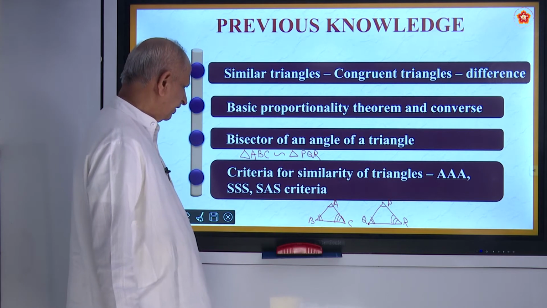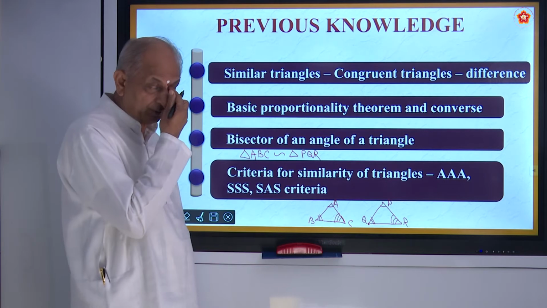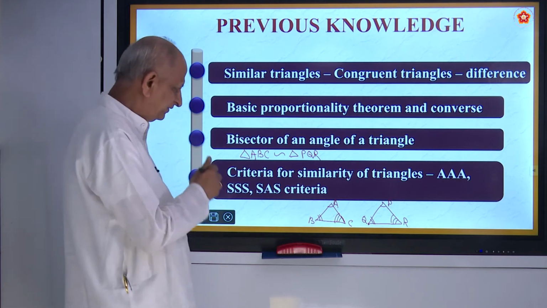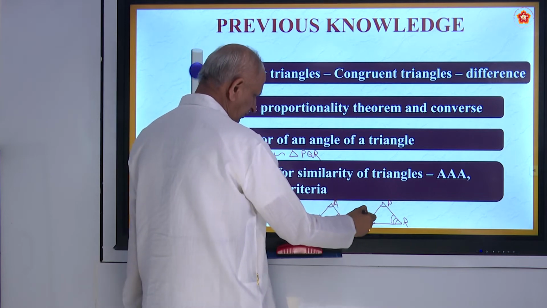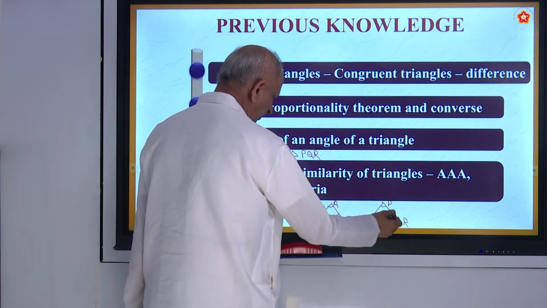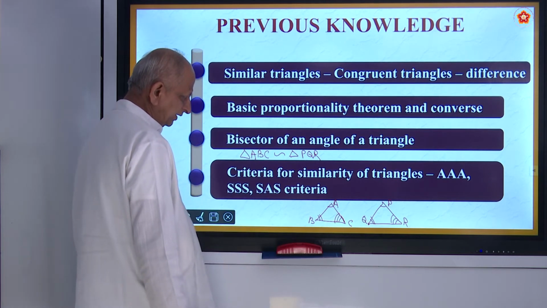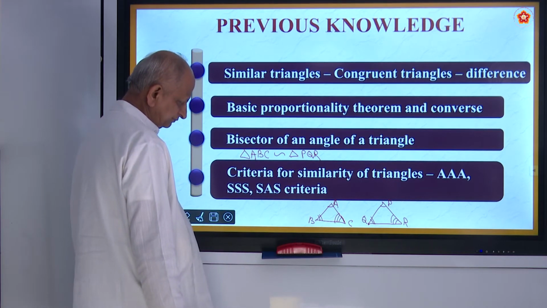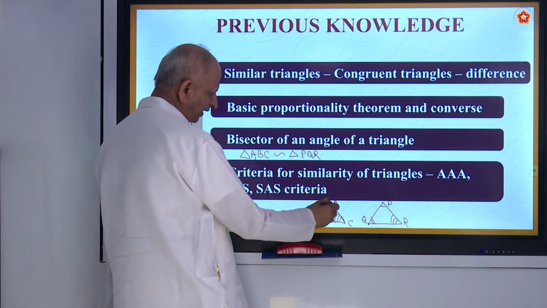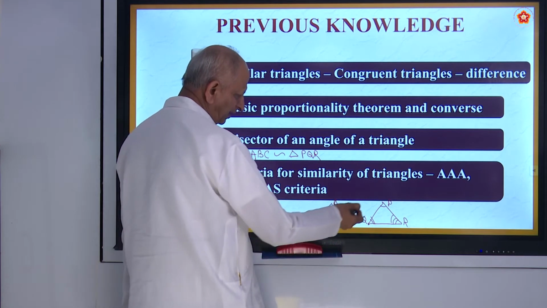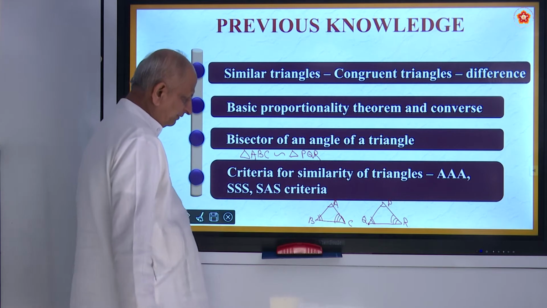Anyway, it is called AA similarity. Then you have SSS. SSS means the three sides of one triangle are proportional to the corresponding three sides of the other. Then the two triangles are similar. And SAS: two sides and one angle of one triangle are equal to two sides and one angle of the other.